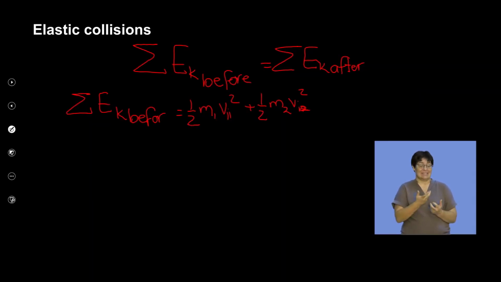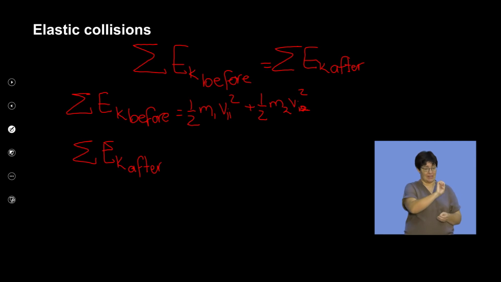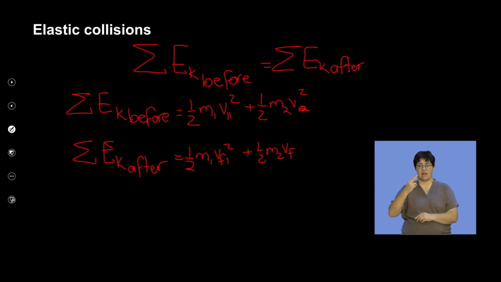Then we can do the calculation for the kinetic energy after, with my final velocity of number 1 and my final velocity of number 2.